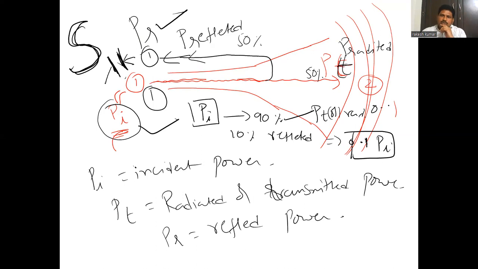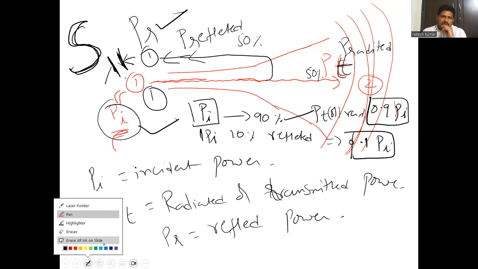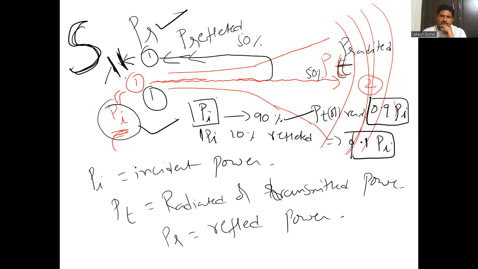The total power is 1 PI, which is divided into 0.9 PI radiated plus 0.1 PI reflected back. Then we call that system a good system.